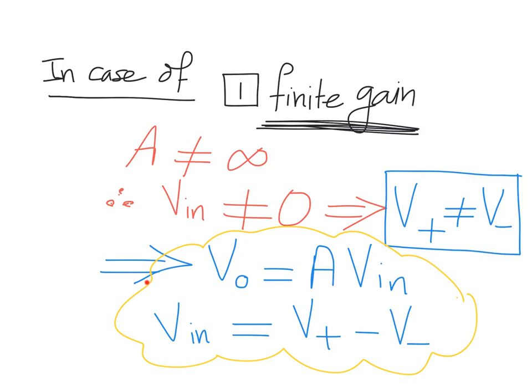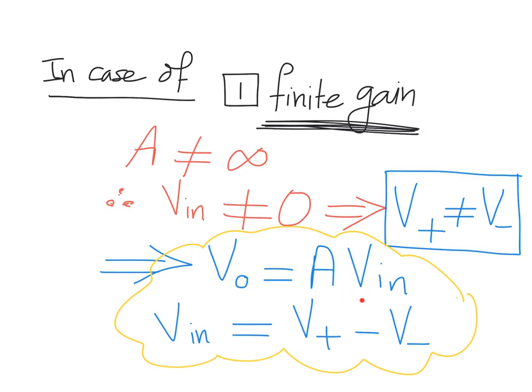The basic relation of any operational amplifier, as a special case of a differential amplifier, between the output voltage and the input voltage, which is the difference between the input voltages at both terminals, is Vo equals the gain A, which now is a finite number, multiplied by this Vn.